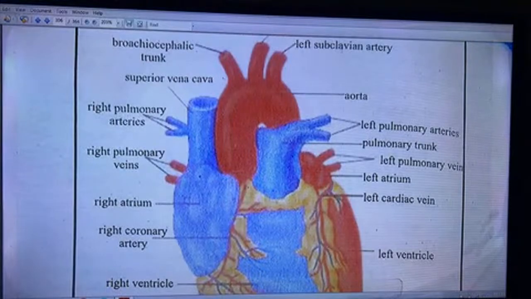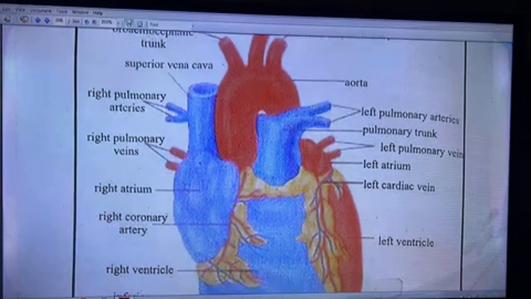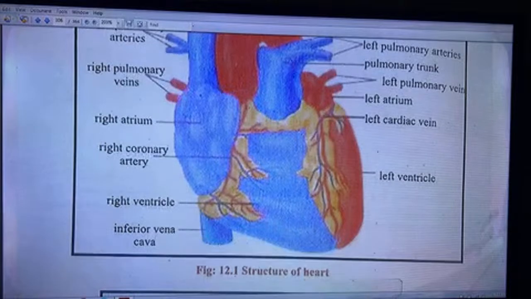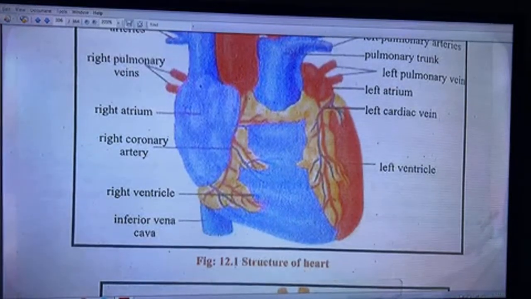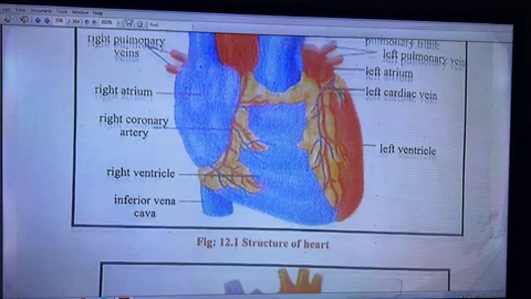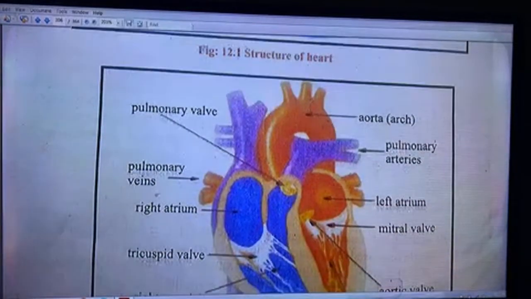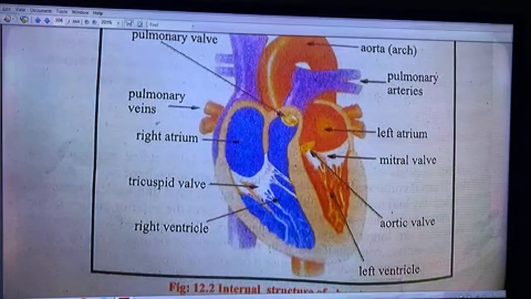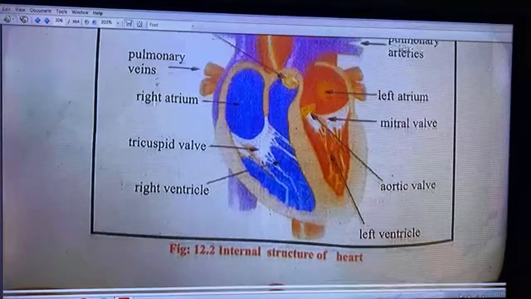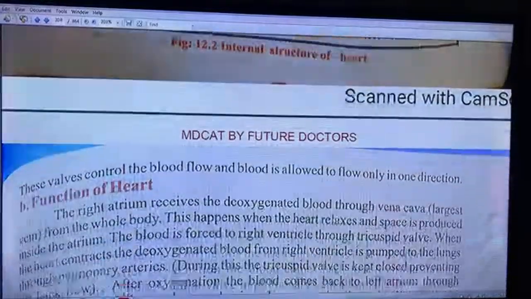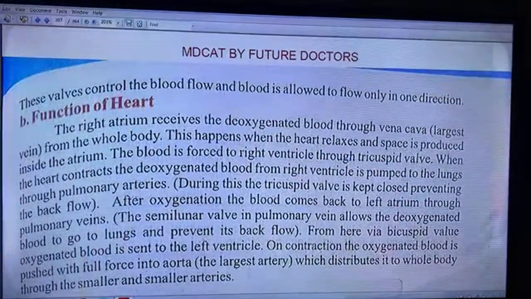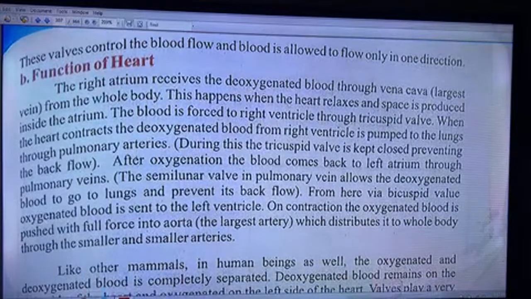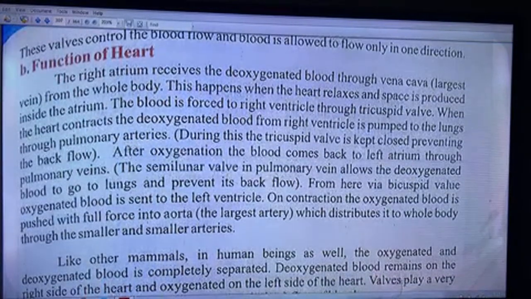This is the human heart. These valves control the blood flow, and blood is allowed to flow only in one direction.